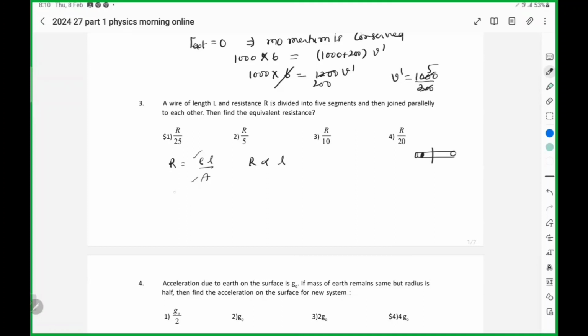Once you divide into 5 segments, the length of each segment is L by 5. Since R is proportional to length, the resistance of each wire becomes R by 5.